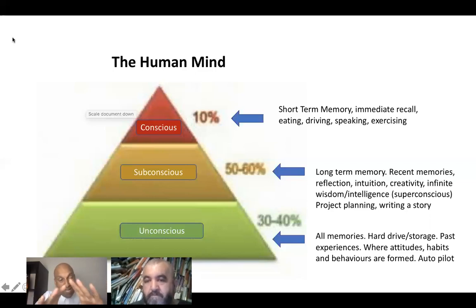I had to unpack all of this stuff in my unconscious mind that was driving some of the unwanted negative behaviors I was expressing in my midlife. When I was able to do that work with some help, I still have my unconscious mind, but I use it to store very positive memories and things that will help me drive my behavior in a much more positive way. So that's how I believe you can interact with all of them.